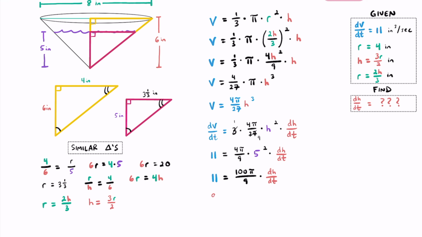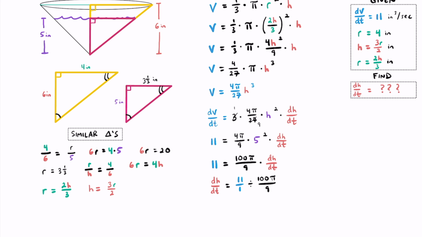Now to isolate this dh/dt, we can just go ahead and divide both sides by 100 pi over 9. That should do the trick in isolating our dh/dt, or the change of height in respect to the change of time. So that would be 11 over 1 on the other side, divided by this 100 pi over 9.